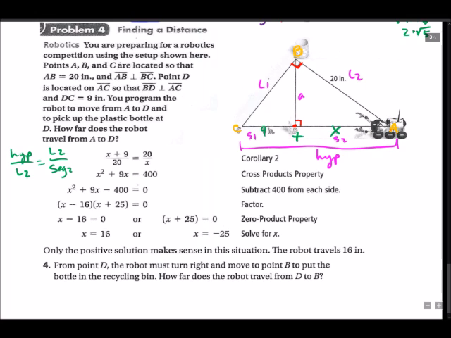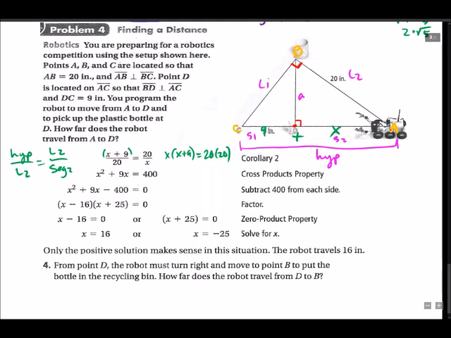You have to add them. So our hypotenuse is x plus 9 long. Leg 2 is 20 long and segment 2 is x long. So when we cross multiply, we get x times x plus 9 equals 20 times 20.